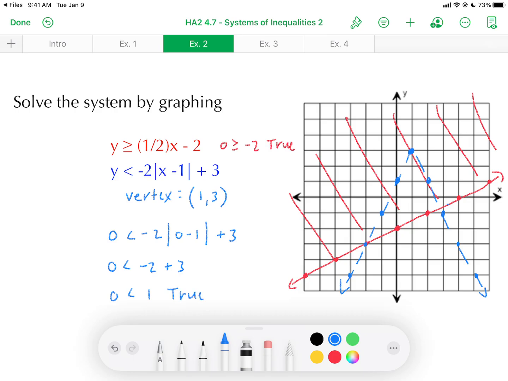So that means I would shade inside the V. And where would my overlap be? In this triangular region.